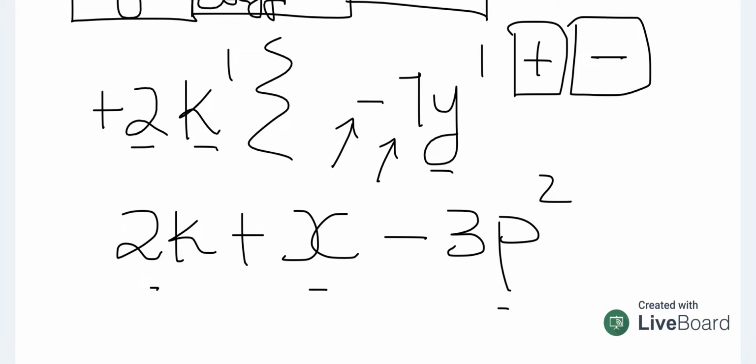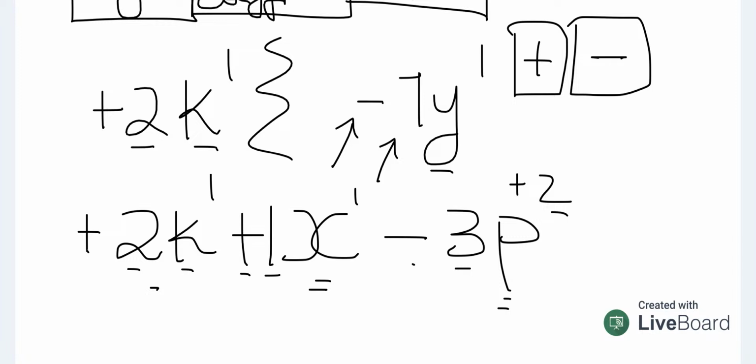So how am I going to interpret it? I will say we have an invisible positive, then 2 being the number, k being the letter, and an invisible 1 exponent. Then the sign is positive, 1x, with the exponent being an invisible 1. Then the sign is negative, the number or coefficient is 3, the letter or variable is p, and the exponent is positive 2.